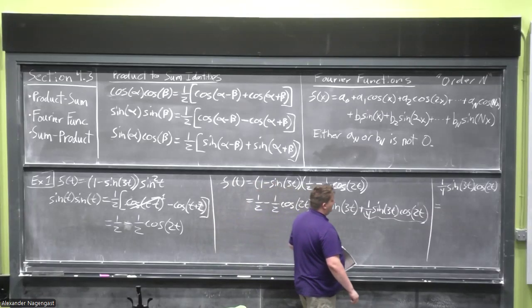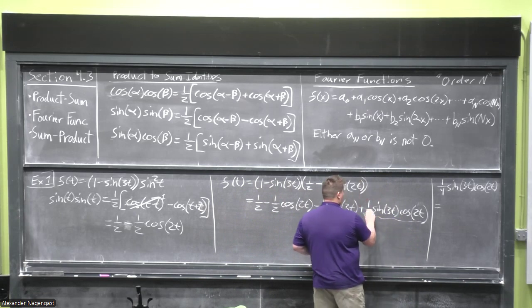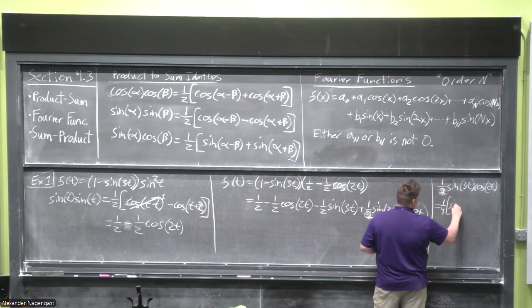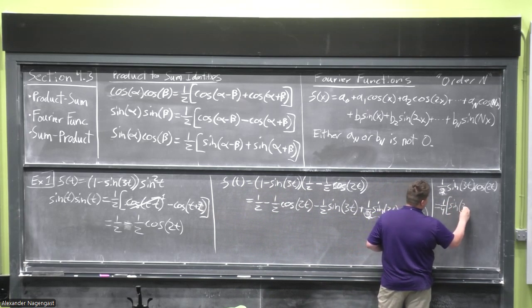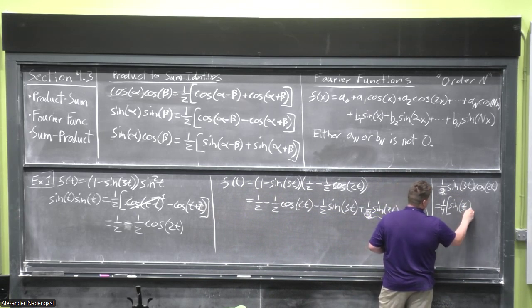run through the formula, so this is 1/2. We get 1/2 times 1/2, so 1/4, and we have times quantity of sine of 3t minus 2t, which is just t.